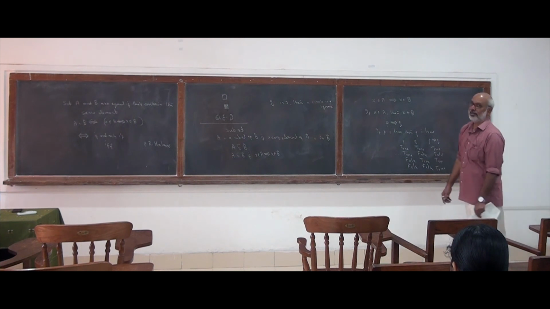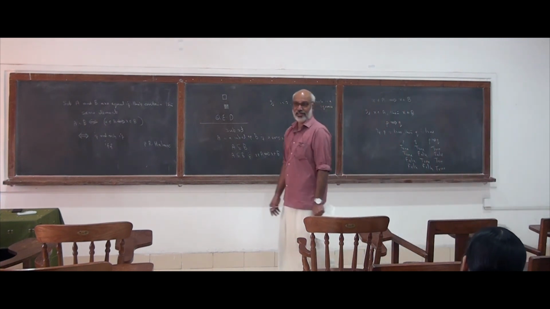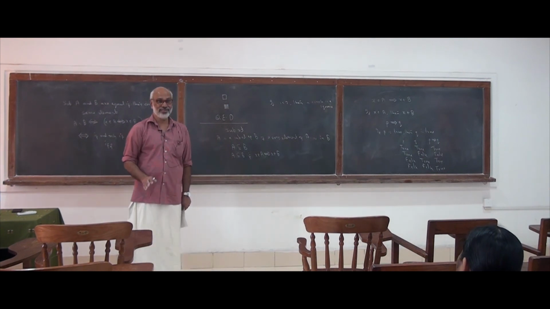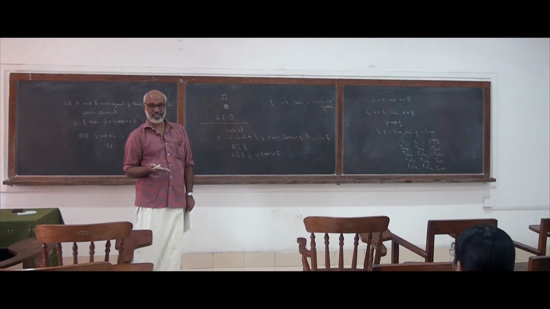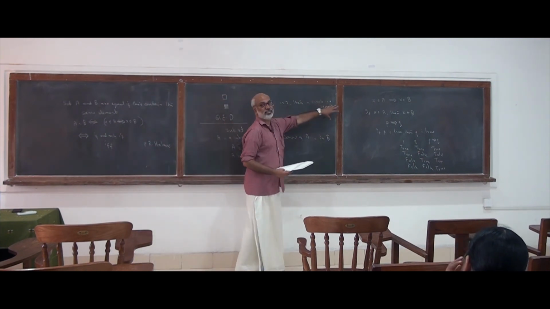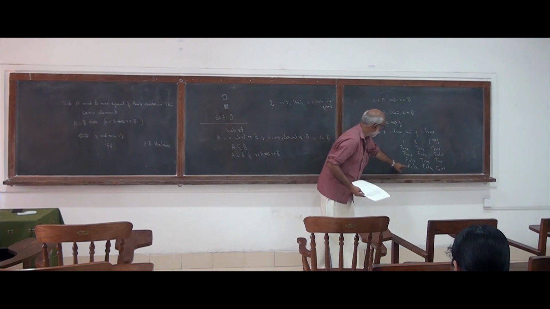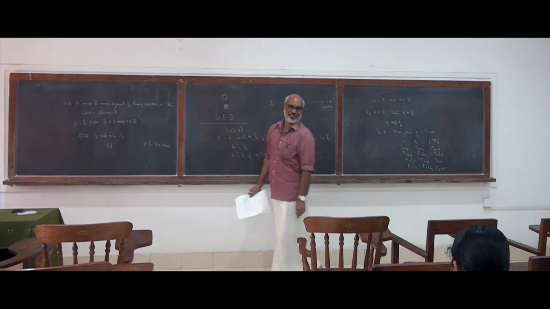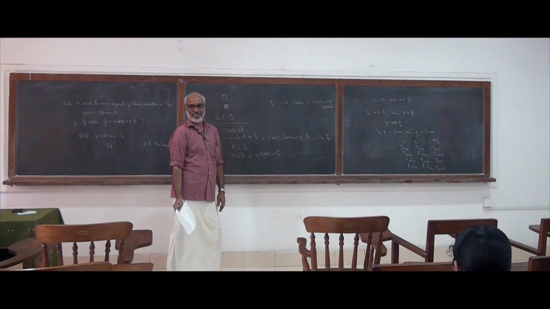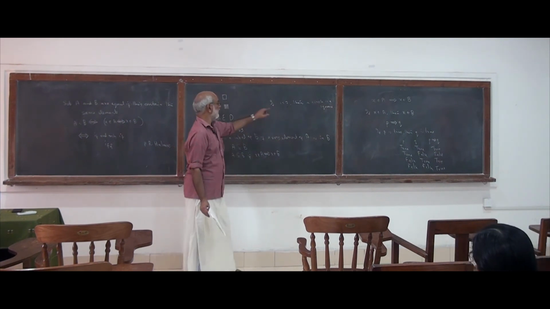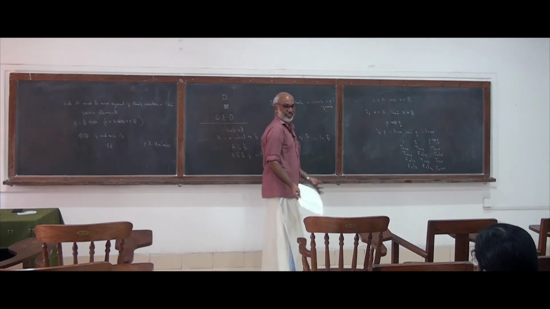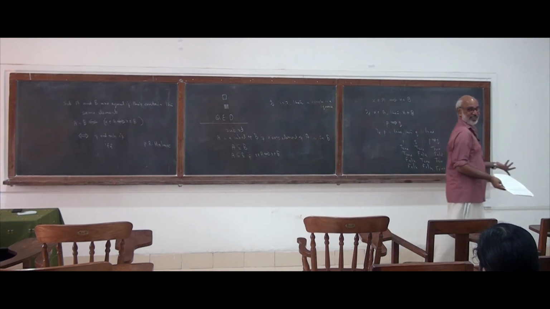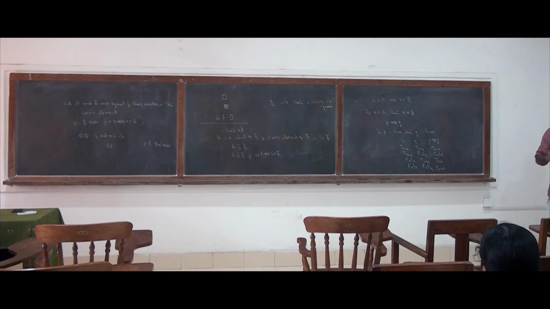Here, what is the truth value of the statement 1 is equal to 2? 1 is not equal to 2, so the truth value is false. And a circle is a square is also false. A circle can never be a square. So the truth value of this statement is also false. And therefore, when you look at this, you can see that the statement is true. But this does not mean that a circle is a square because of this. These two things are completely unrelated. Of course, both are wrong, but both are unrelated also.